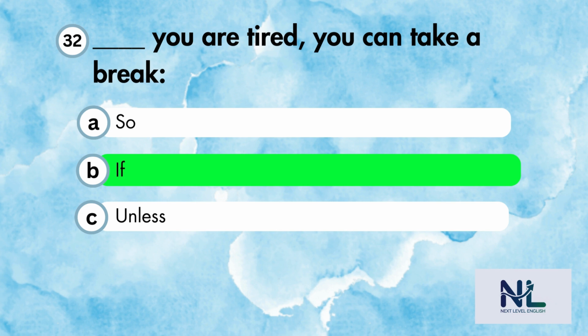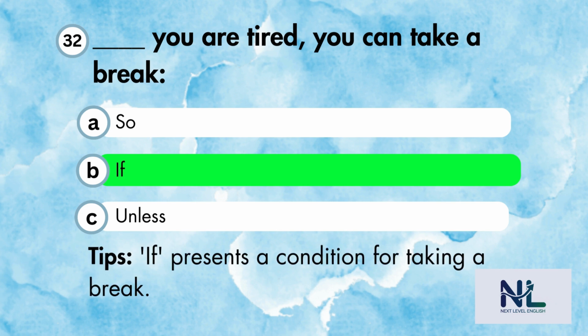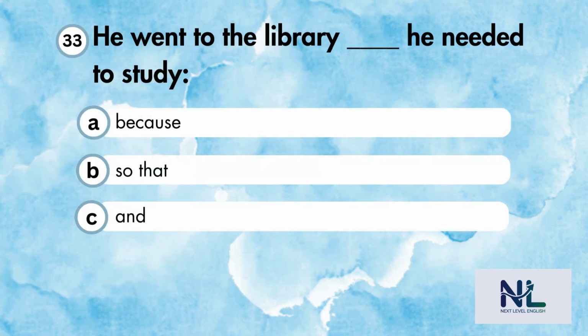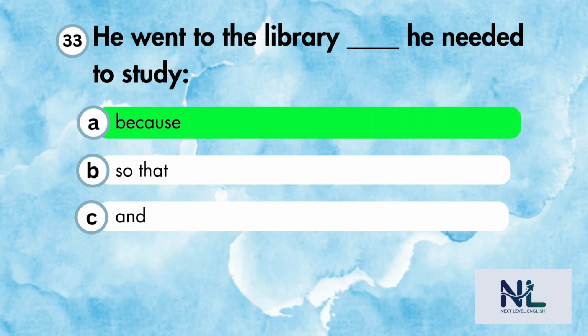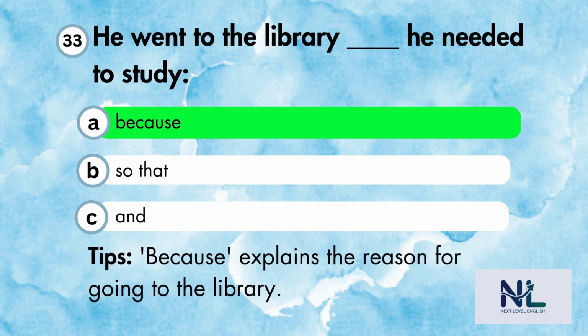If. Tips, if presents a condition for taking a break. 33. He went to the library. He needed to study. Because. Tips, because explains the reason for going to the library.